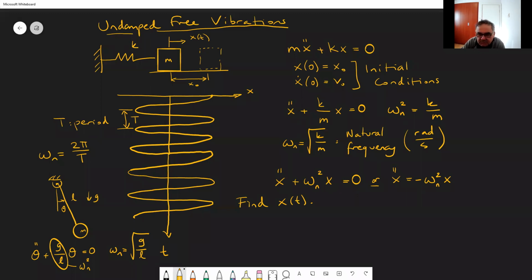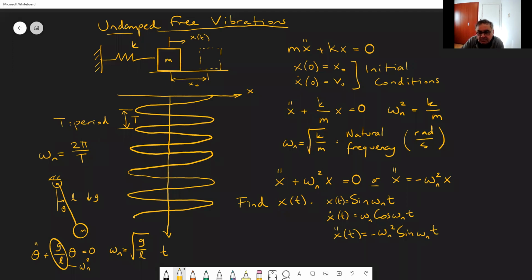For example, let's say x of t is sine omega n t. Then x dot of t would be omega n times cosine omega n t, and x double dot of t would be minus omega n squared sine omega n t.